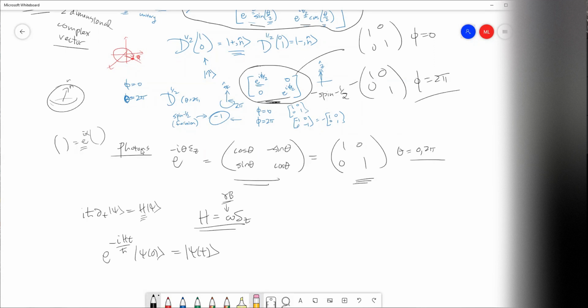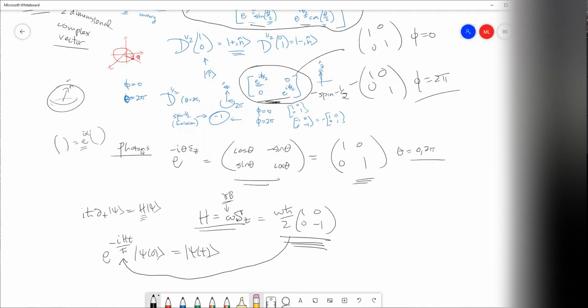It's omega times the z component of the spin. Or if you want, it's omega h bar over 2 times the matrix 1, 0, 0, minus 1. And now you can just plug this in and go to work figuring out what the time dependence is. You just have to exponentiate this operator. That'll be on the homework also.